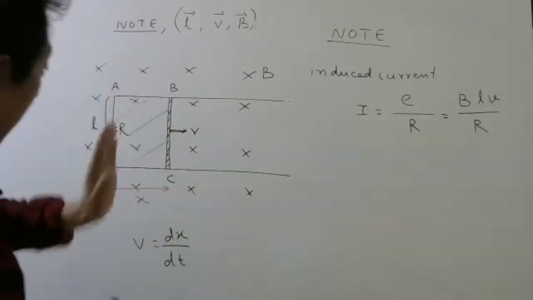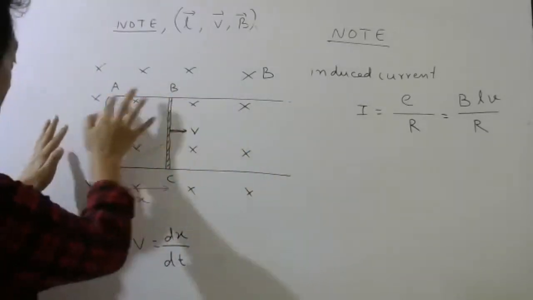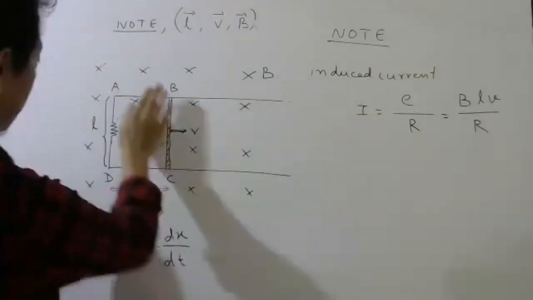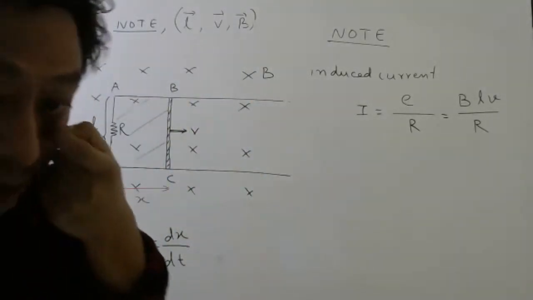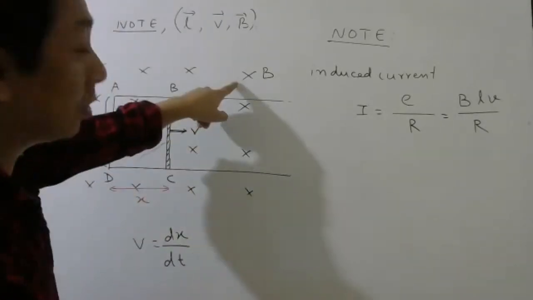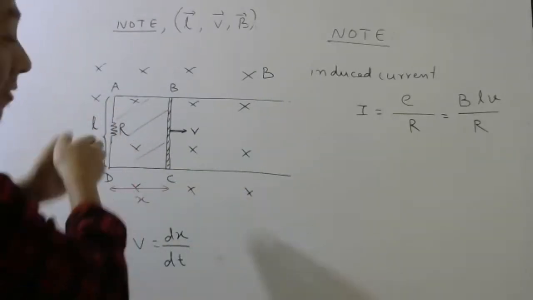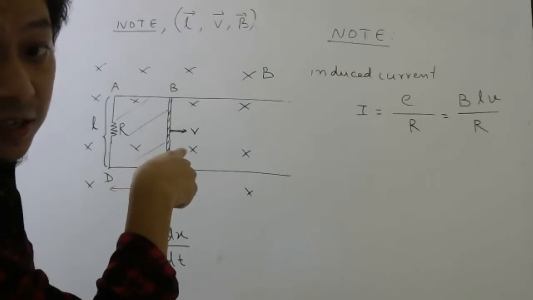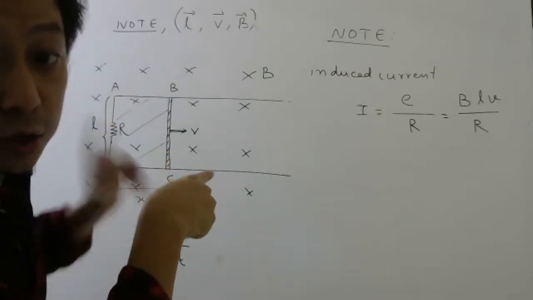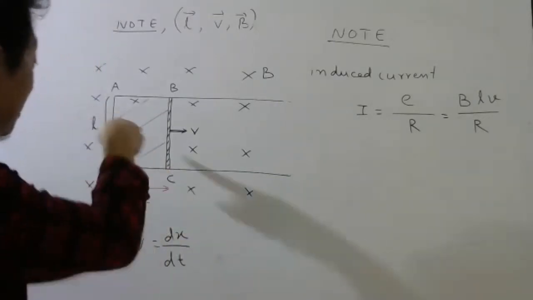Okay. So again, let me repeat. If the rod is moving this way, then this area is increasing, so this flux will be increasing. Now see which flux is increasing. According to my diagram, I have shown magnetic field into the board. So this flux is increasing. So if this flux is increasing, your induced current should flow in such a way that it opposes the change in the flux.